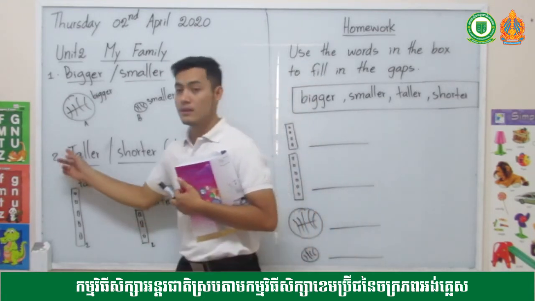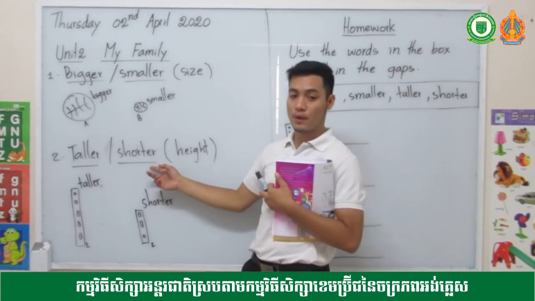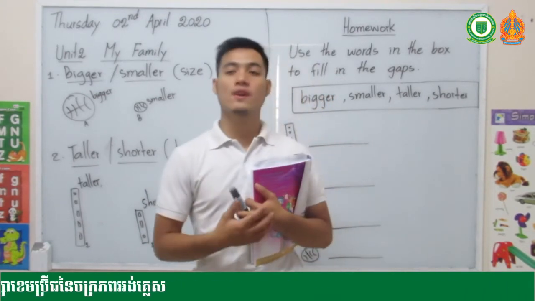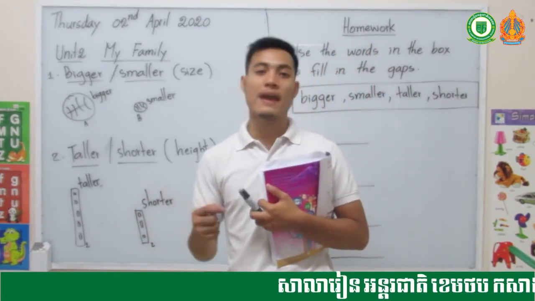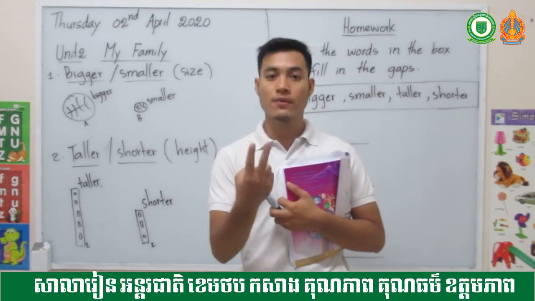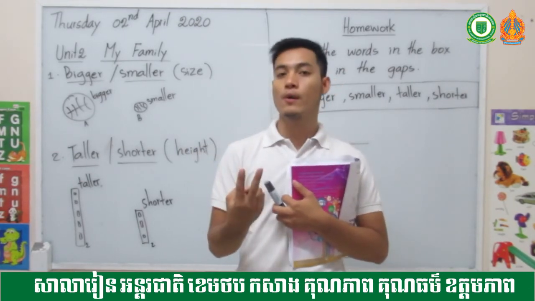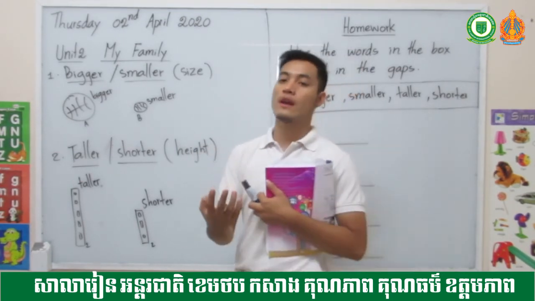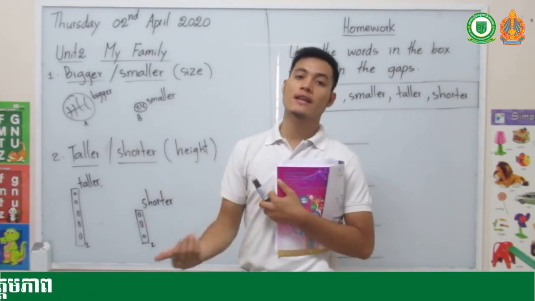And like the second example about taller and shorter, when do we use this? We use the words taller and shorter when we want to compare the height of two things or two animals or two people to know that this is taller than this or this is shorter than this.